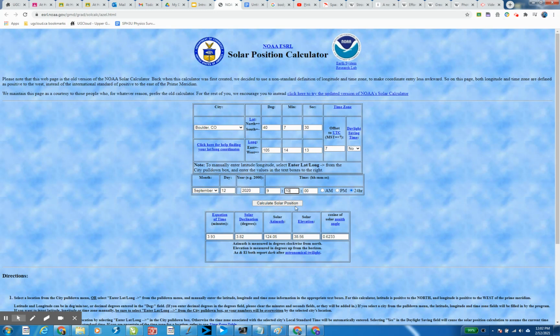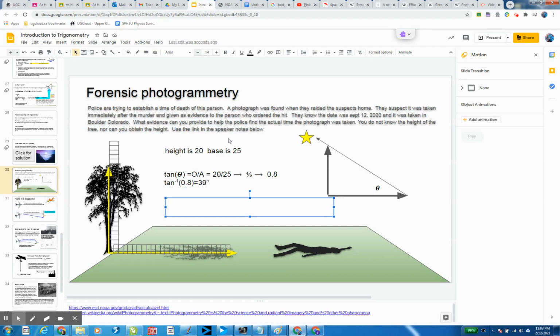What if I do 9:10? 37.76, 9:20, 39. So it's between 9:10 and 9:20. So we've got 9:15 a.m. according to NOAA. So this guy was shot at 9:15 a.m.